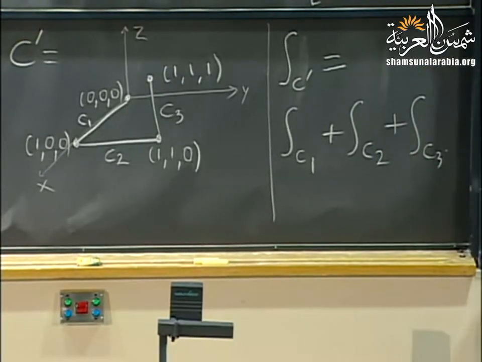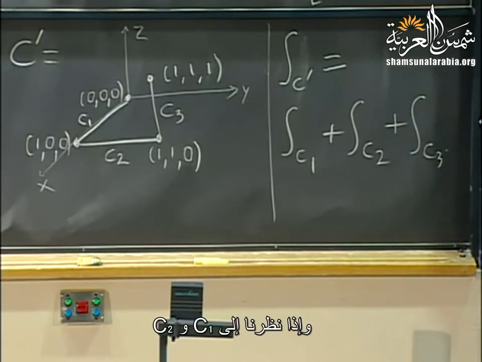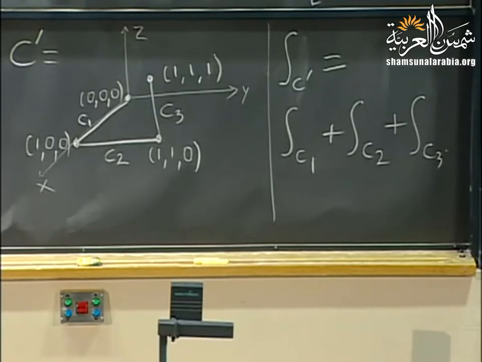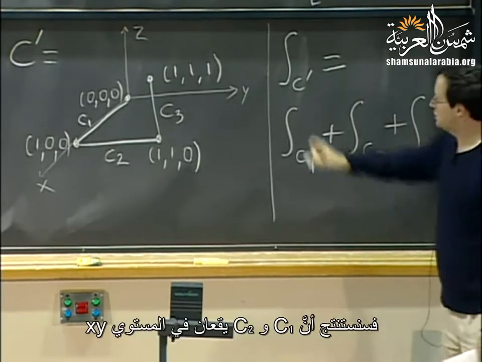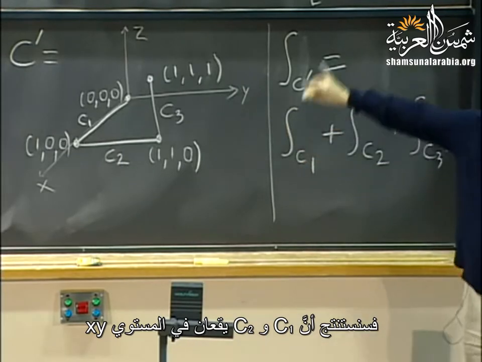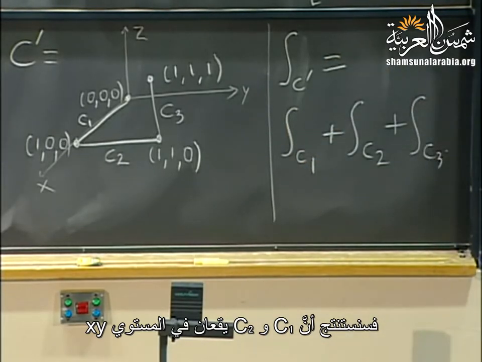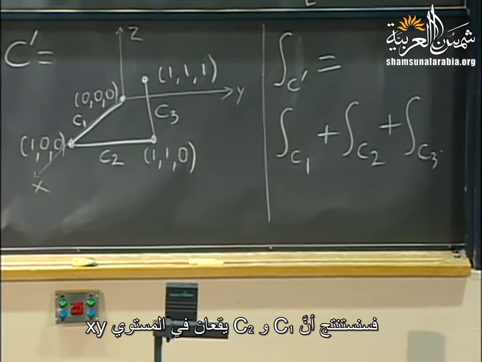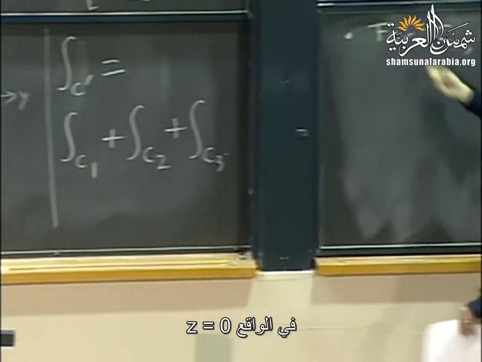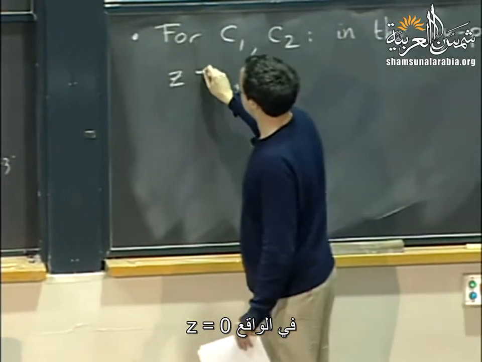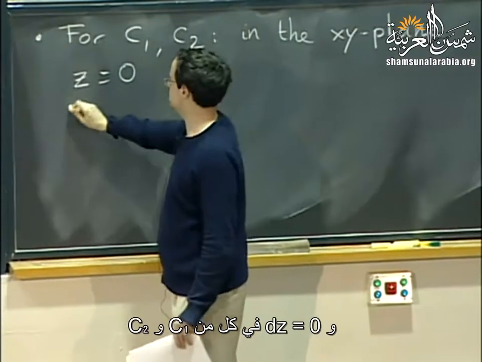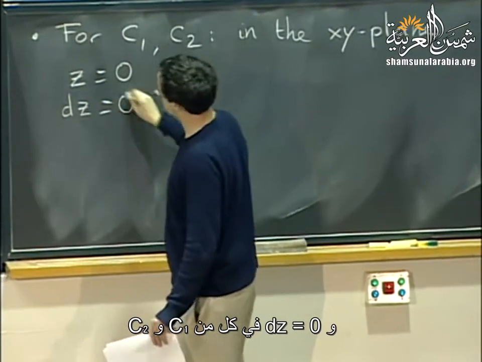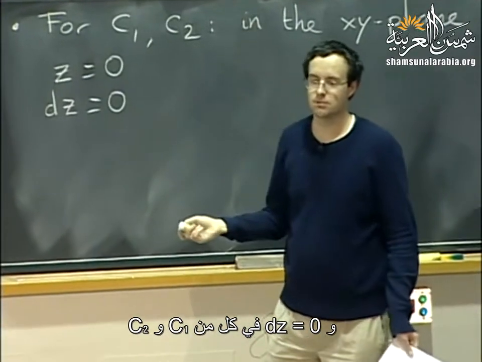And, well, if I look at C1, or at C2, actually. So C1 and C2 take place inside the xy plane. So, in fact, you know that z will be 0. And dz will also be 0 on both of these.